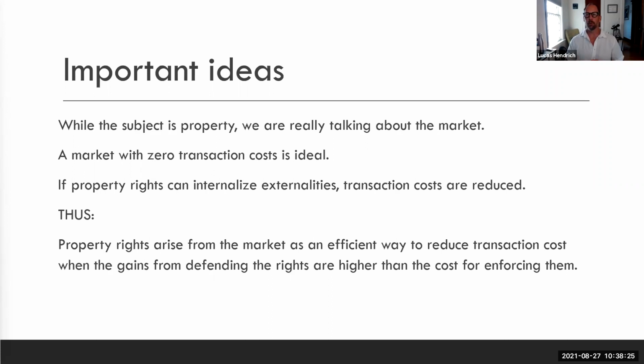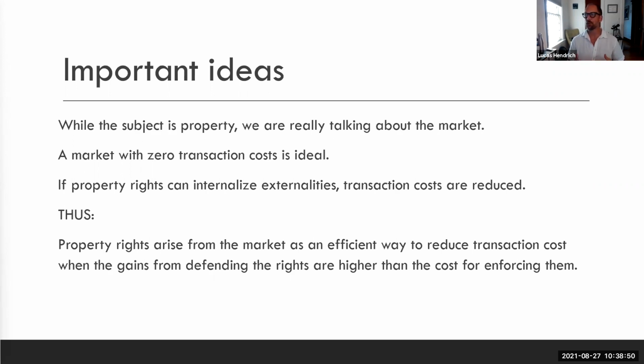So important ideas. While we know the subject here is property, what we're really talking about is the market, and a recurring theme will be transaction cost. A market with zero transaction costs is the ideal, and a market is efficient when those transaction costs are as low as possible.